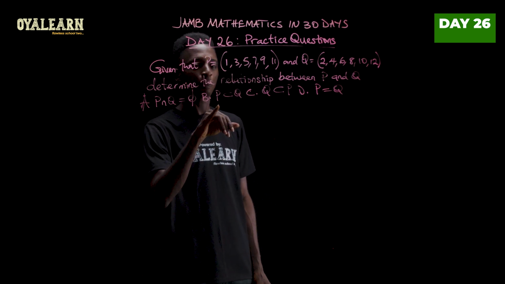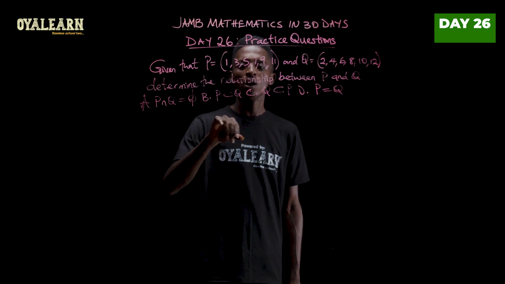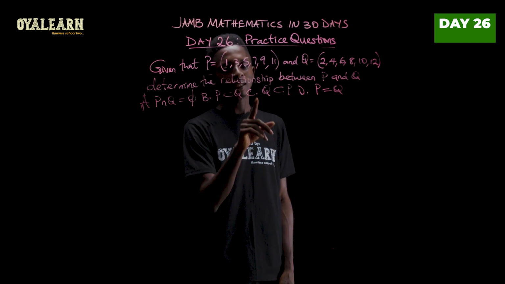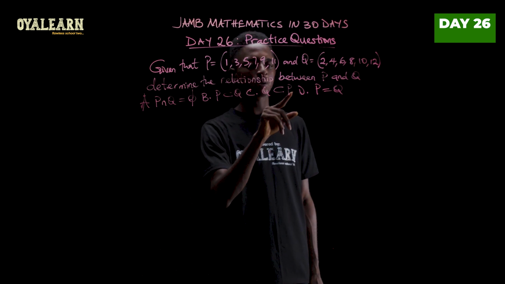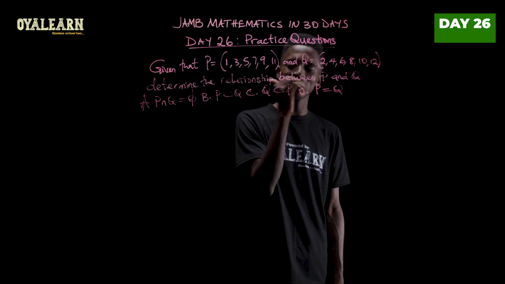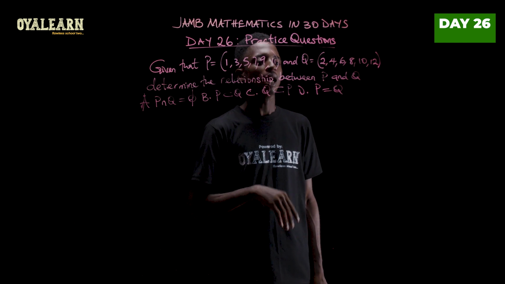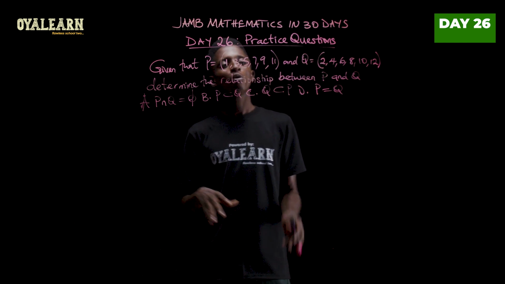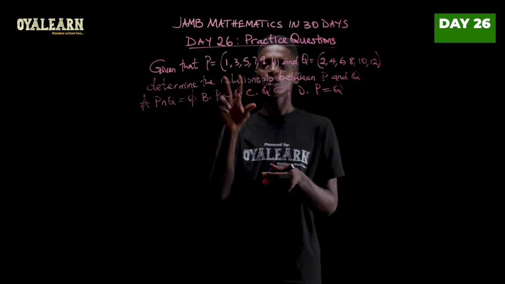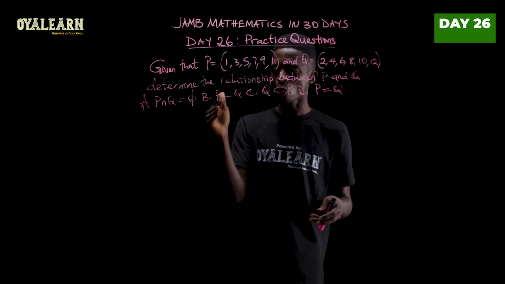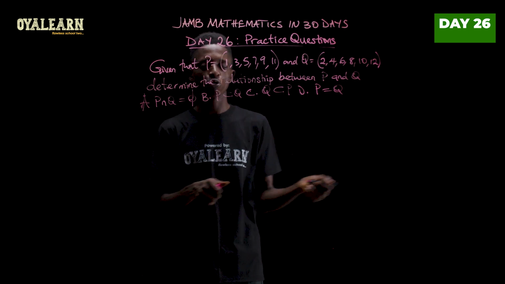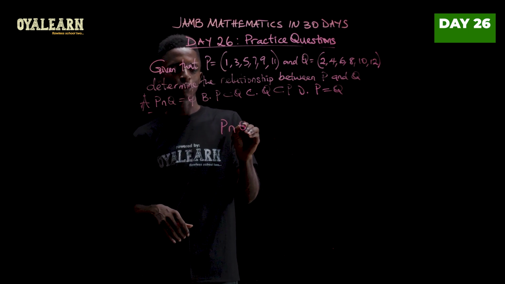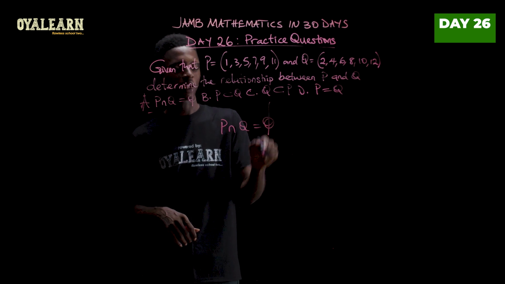B is saying that P is a subset of Q, meaning everything in P, you will find it in Q. And option C says Q is a subset of P, which implies that everything in Q would be in P. And then option D says P and Q are the same set. But when we look at the sets provided here, you see that they do not have anything in common at all. So that means that the option to go for here is option A, which is that P intersection Q is a null set.